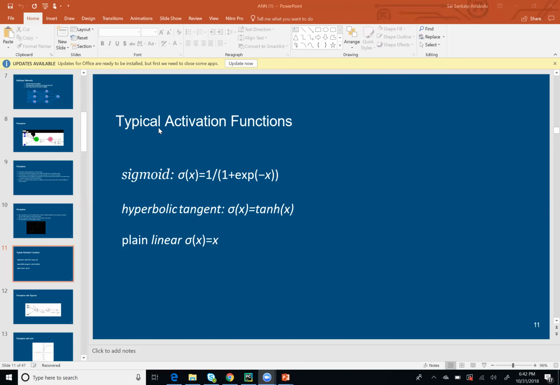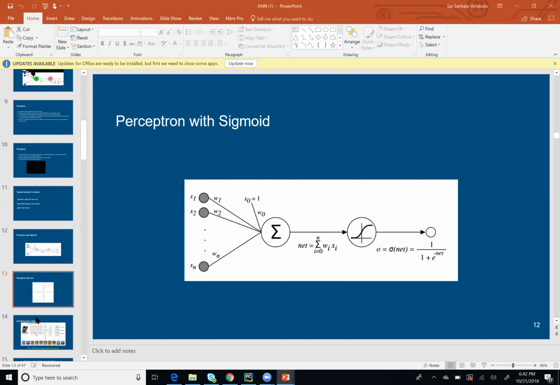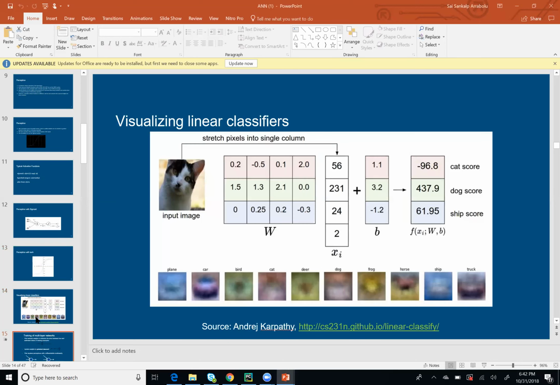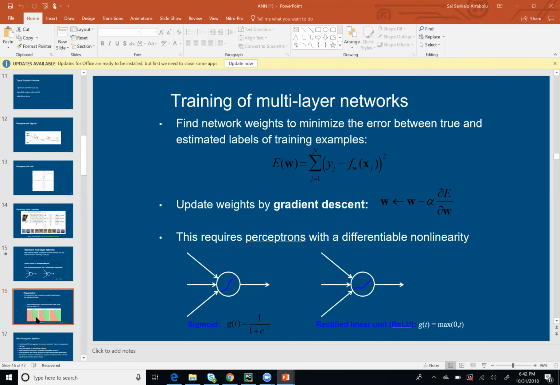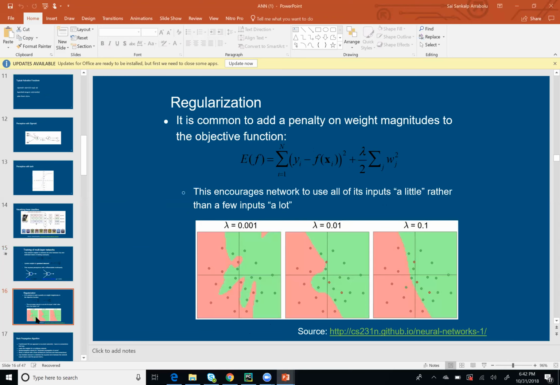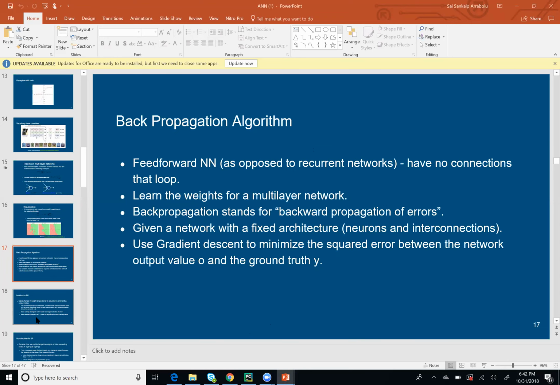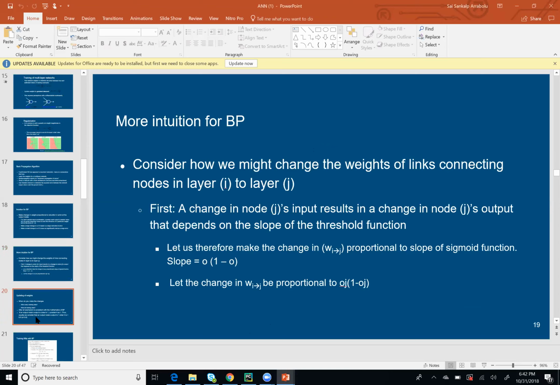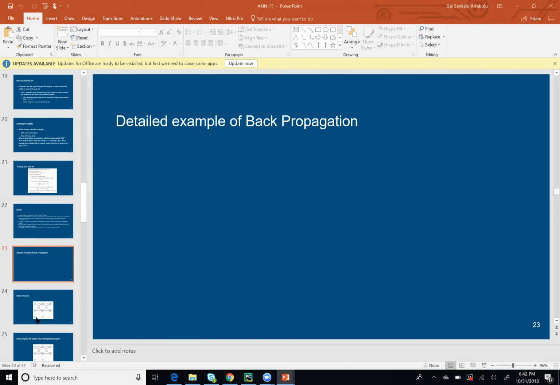Once more, we saw what activation functions are, and we saw what back propagation is. We calculate the error, and then once we calculate the error, we back propagate it. We saw that with an example also.